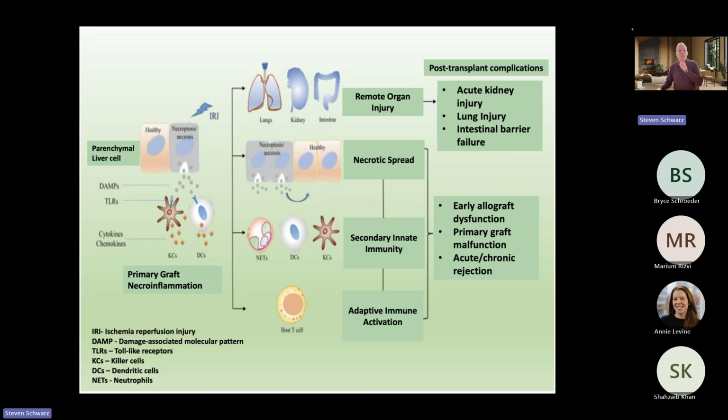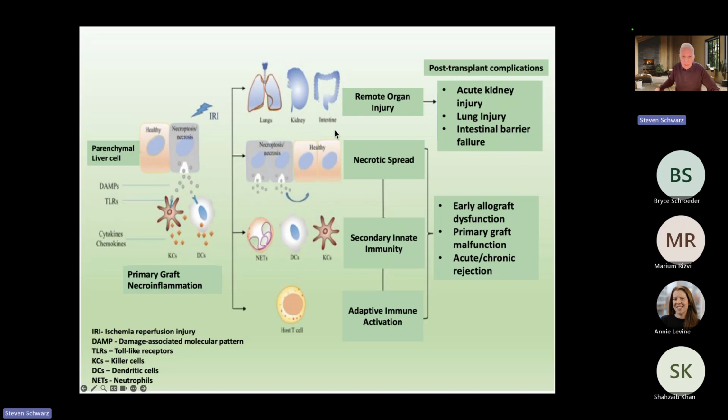So keep in mind that when you have either rejection or primary graft dysfunction and you have necrosis of hepatocytes, this leads to graft necroinflammation and the release of all of these toxic cytokines and chemokines into the bloodstream, which can lead to a remote organ injury. This is why patients with rejection or graft failure also have to be monitored for kidney injury, lung injury, and also intestinal injury as well.